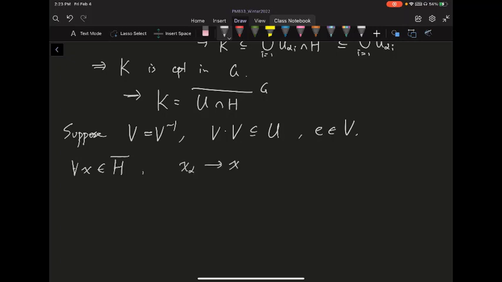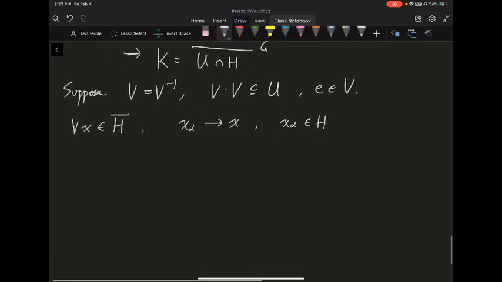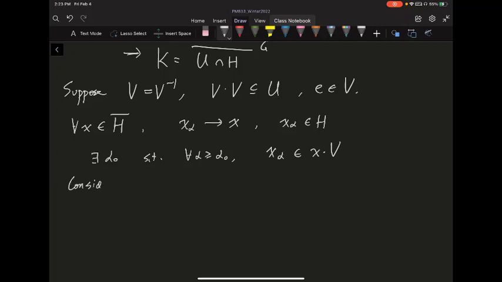Well, first of all, let's pick a net x alpha converging to x, so that each x alpha is inside H. Because x alpha is converging to x, I can find some alpha 0 so that for all alpha greater than alpha 0, x alpha is close enough to x, so x alpha is inside x times V, around this neighborhood. Now let's consider V times x inverse.